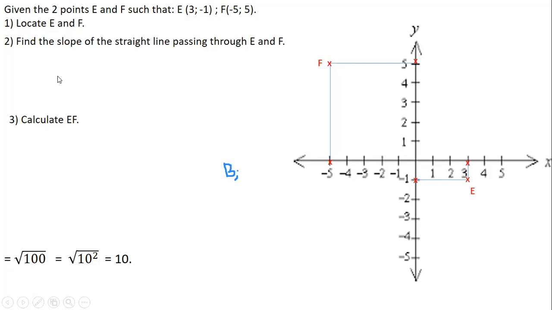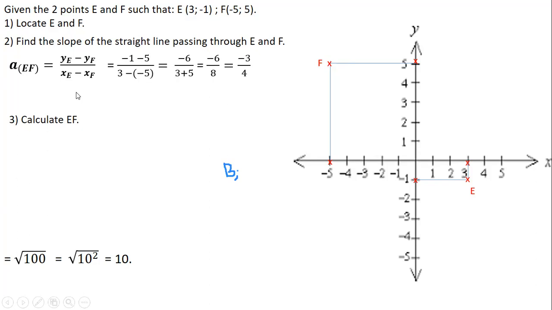So here we use the rule of the slope. We write: slope of line EF is equal to (YE minus YF) over (XE minus XF). Always we should memorize the rule of how to find the slope of a straight line in a system of axes. This rule should be memorized.